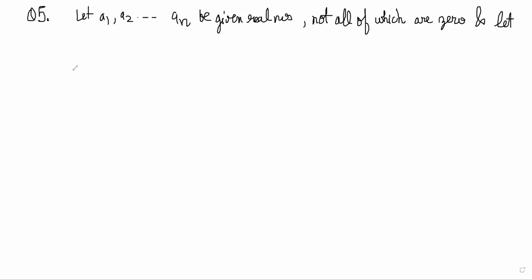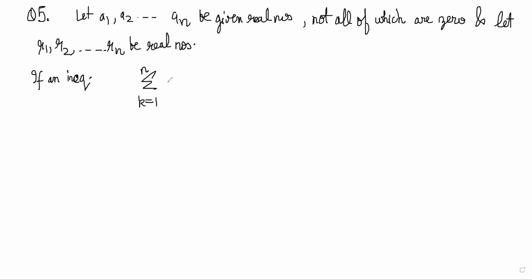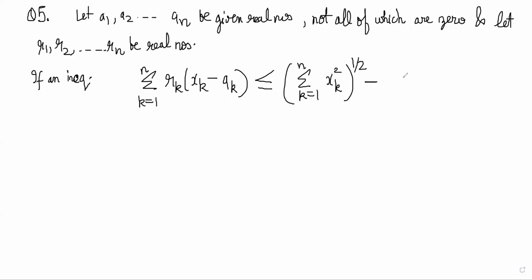And let R1, R2, Rn be real numbers. If an inequality summation k goes from 1 to n, rk (xk minus ak) is less than equal to (summation k goes from 1 to n xk square) whole to the power half minus (summation k goes from 1 to n ak square) whole to the power half is satisfied.